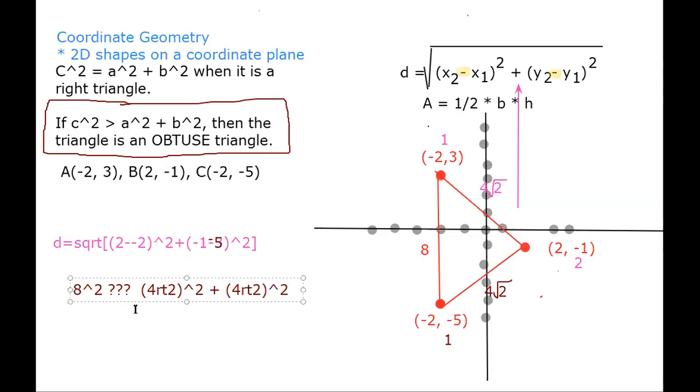So let's put that in our calculator and let's see if that is greater than or less than 64, because 8 squared is 64. We do know that. So we know right here is 64. We don't know what it is in the middle, and we need to know what that equals. So 4 root 2 squared plus 4 root 2 squared. Let's go see what that is in our calculator.